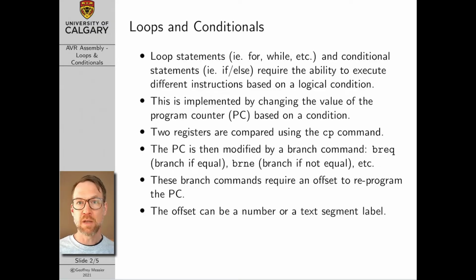So depending on, for example, whether an if statement is true, we might execute a certain series of instructions, and if it's false, we want to execute a different series of instructions. And that means we need to hop to different places within instruction memory where we can find the instructions that we want to execute. This is implemented by changing the value in the program counter.